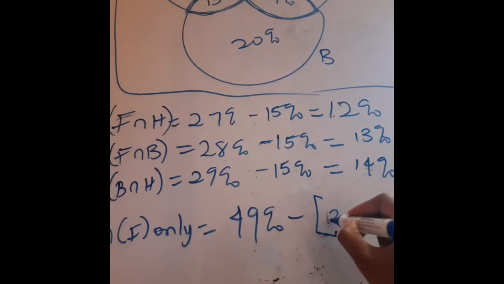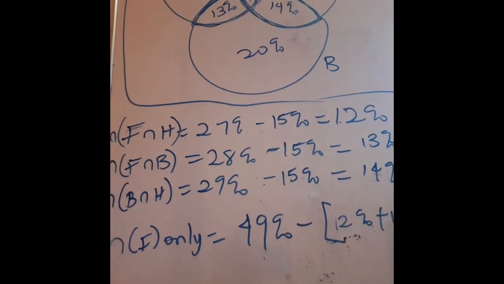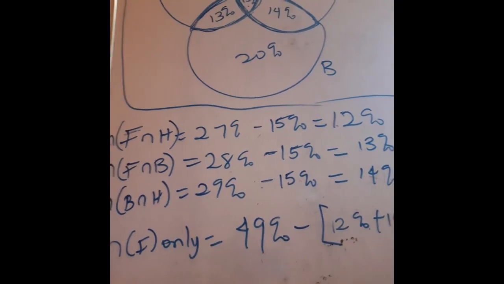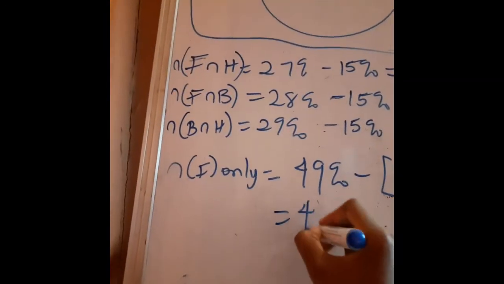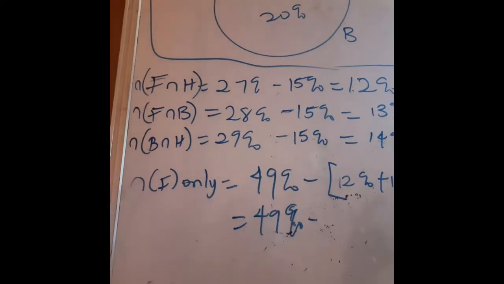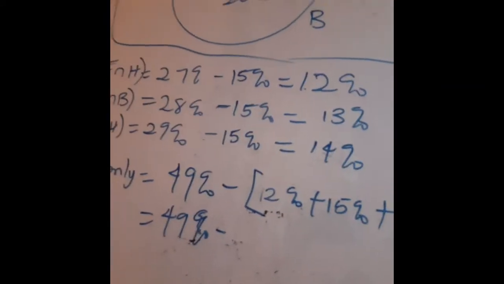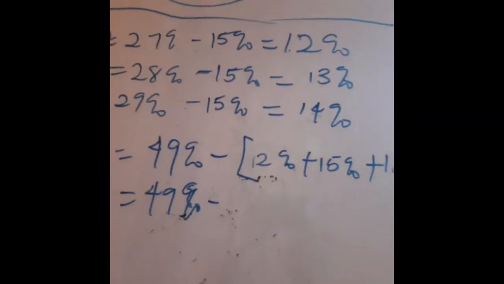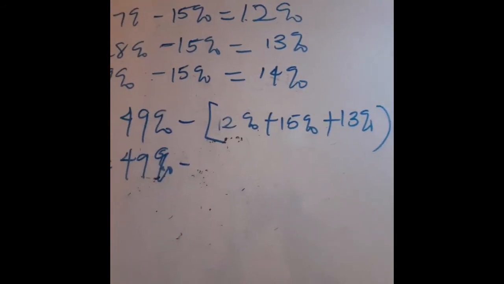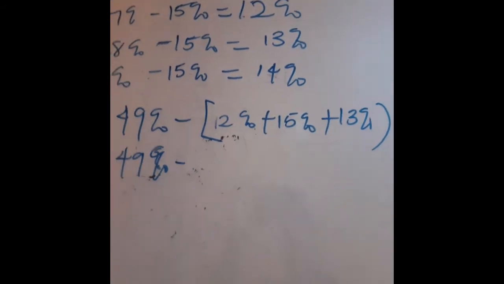So we say 12% plus 15% plus 13%. 49% minus this, let's calculate it, 12 plus 15 plus 13, that gives us 40.